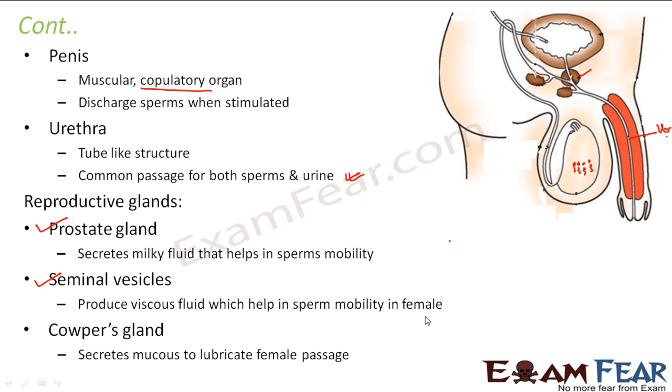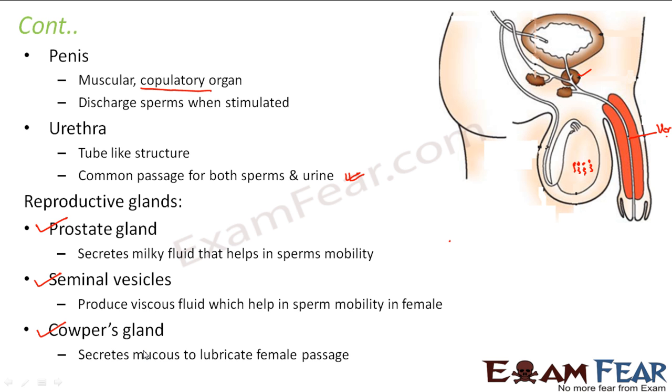And the last one is the Cowper's gland. What will this do? It will secrete mucus to lubricate the female passage. Now, as I said, during the mating, the penis is inserted inside the female reproductive organ. When I discuss the female reproductive system, we will talk about an organ called the vagina, which is the first opening of the female's body.